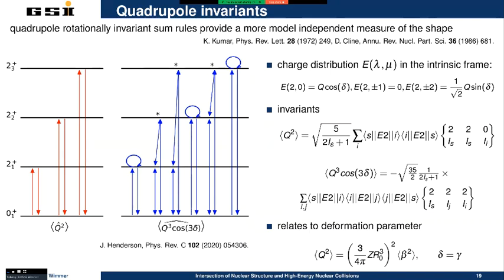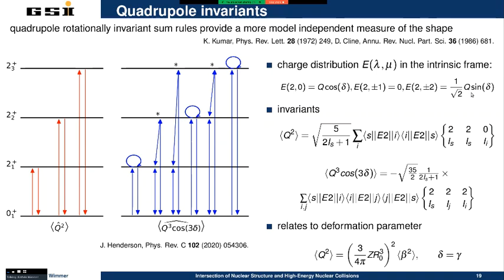There's one observable, or a quantity, which are these quadrupole invariants, which provide a model independent measure of the nuclear shape. These quadrupole invariants relate to the charge distribution in the intrinsic frame.